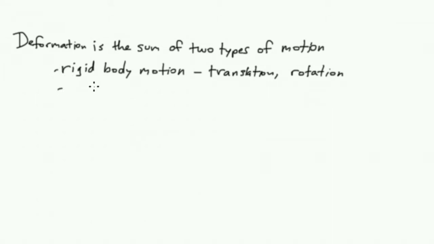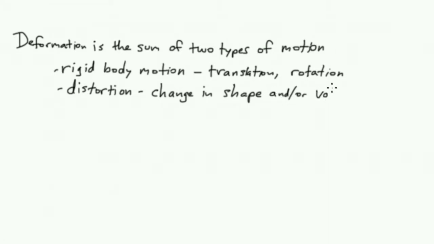And then the other type of deformation motion is distortion. This involves change in shape and/or volume.